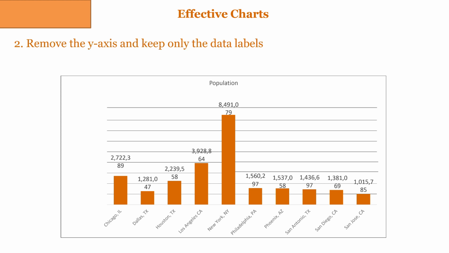The second thing is that we remove the y-axis and keep only the data labels. One key principle is that anytime you have your data labels on, please ensure that your y-axis is out. Having an additional y-axis means that you're providing too much information, because both serve the same purpose.